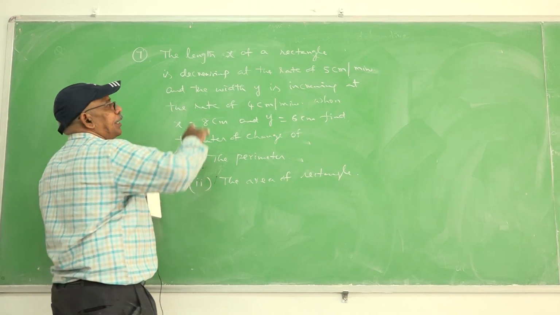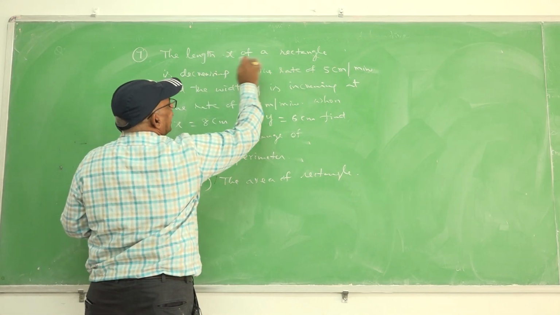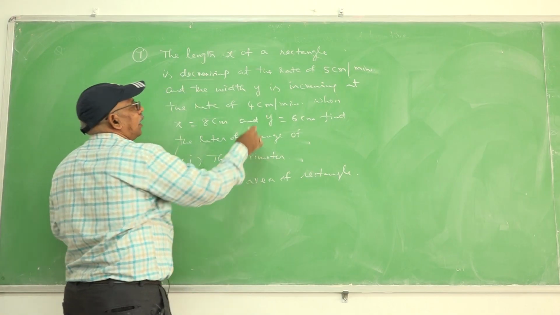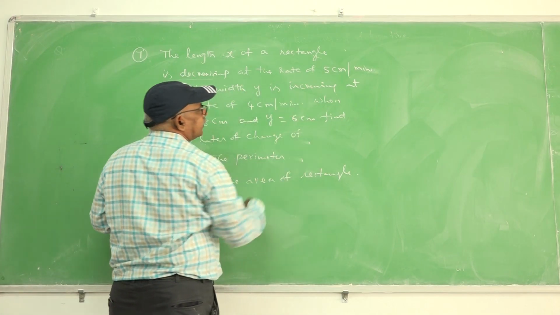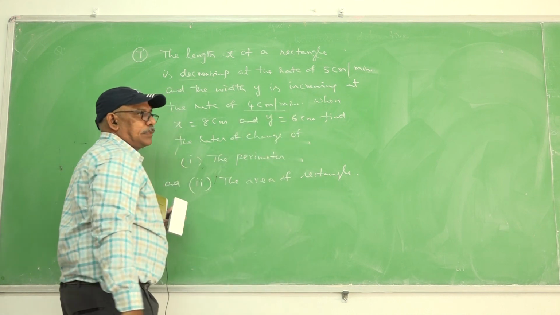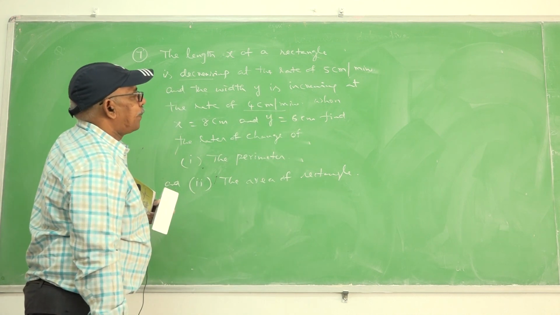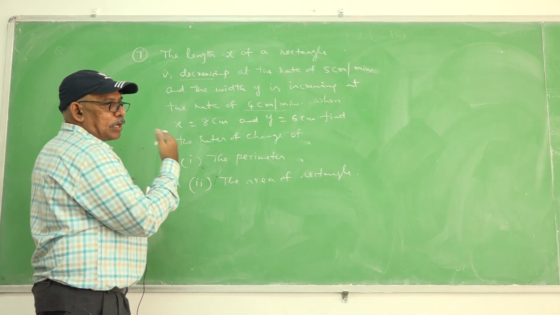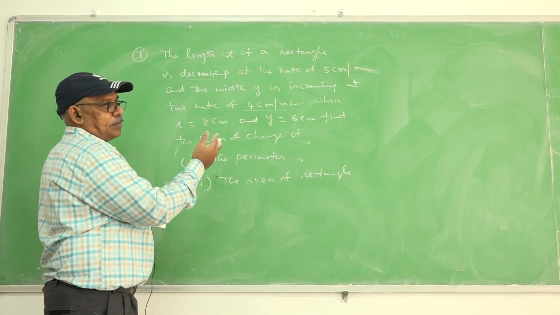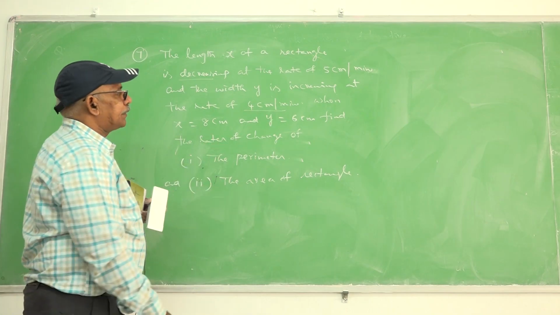So the rate of change in x is given as 5 centimeters per minute, whereas it is decreasing, and the rate of increase in y, that means width, is given as 4 centimeters per minute. So in one variable decreasing takes place, and in another variable increasing takes place here.